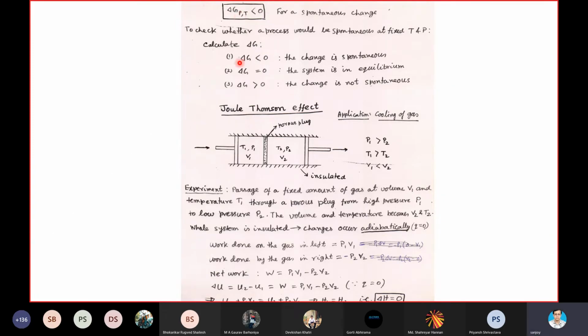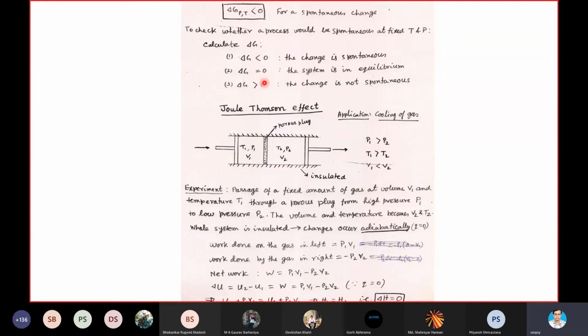If the sign is negative, that means delta G is less than 0, then the change is spontaneous. If after calculation the sign is positive, that means greater than 0, then it is not a spontaneous process. So the reverse process will be spontaneous, with negative delta G values.